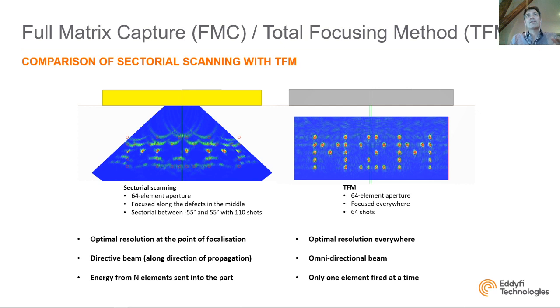So in both cases we have the same resolution. But because we are using the full 64 elements, we have a highly focused beam, but our depth of field is going to be very, very small. Here the response of all these holes is in the near field, so that's why we have this kind of banana-like response. And for these holes we are in the far field, so our energy basically decreases very quickly.